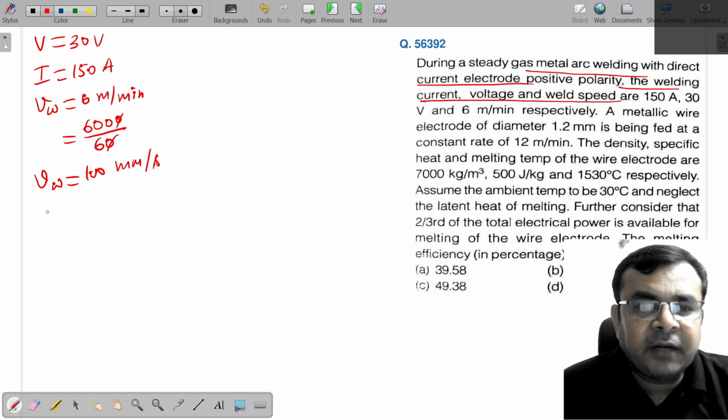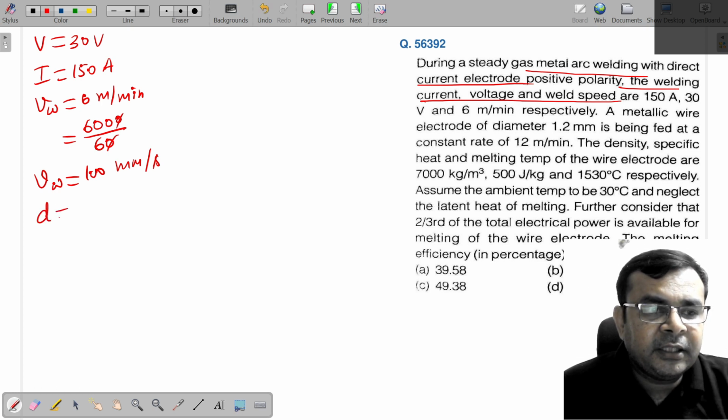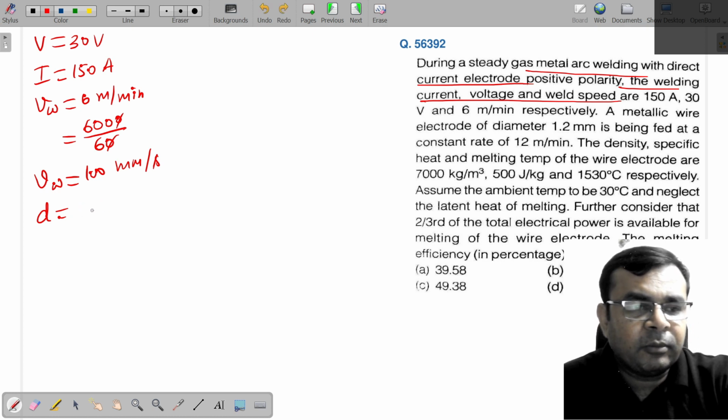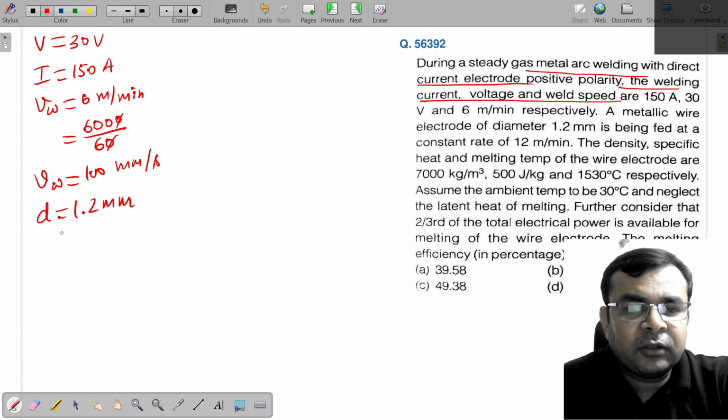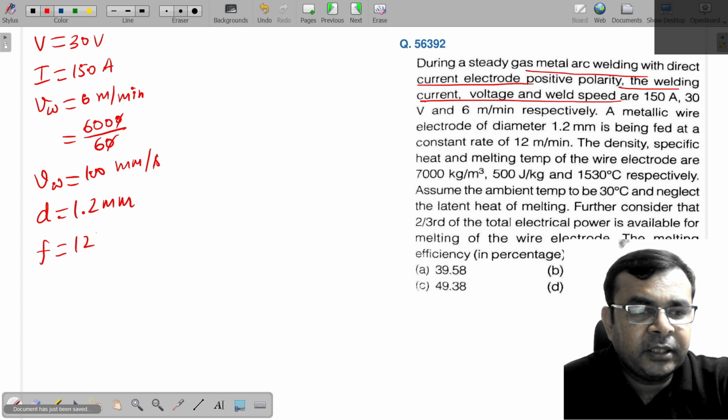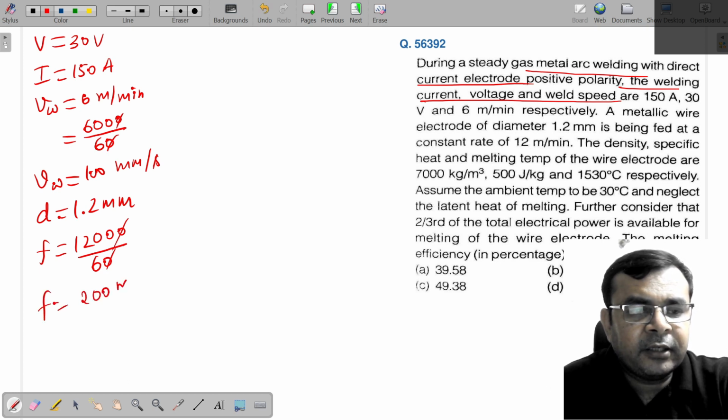A metallic wire electrode of diameter D is given, that is 1.2 millimeter. It is being fed at a constant rate, feed rate is also given, that is 12 meter per minute, meaning 12,000 over 60, so simply here we get 100 millimeter per second.